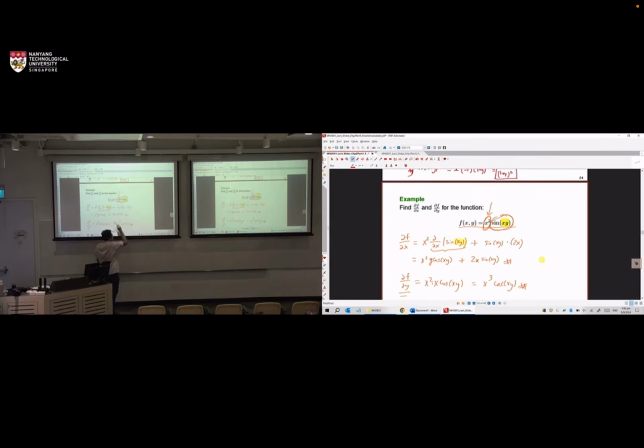So x squared becomes 2x. And after that, x squared copy down, differentiate sine xy. I will get sine becoming cosine xy. After that, you cover the function and differentiate inside, because now you are differentiating with respect to x.